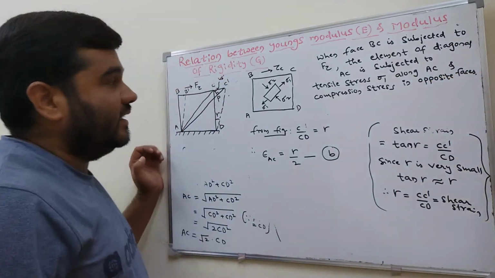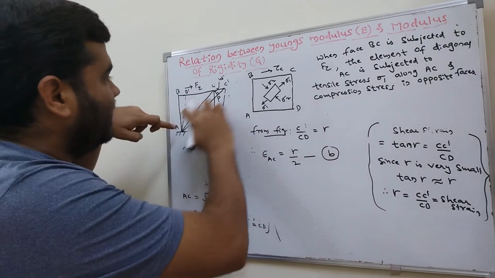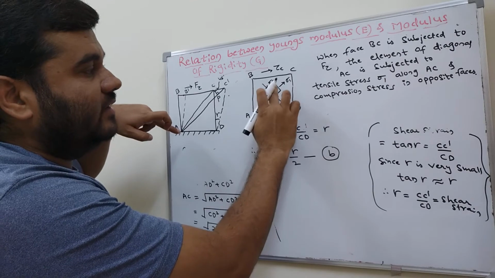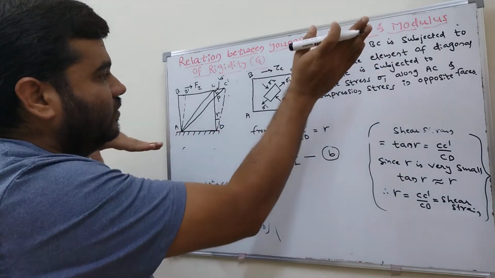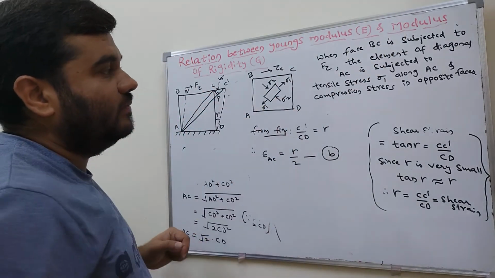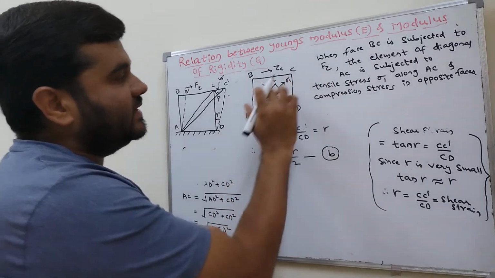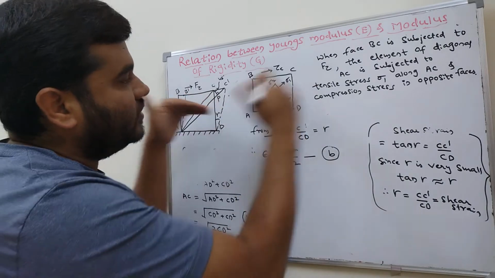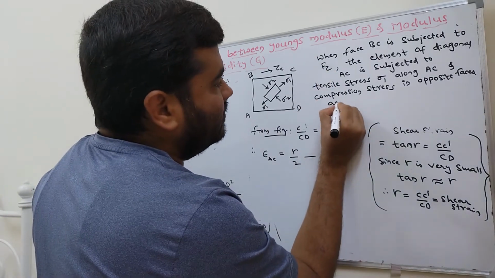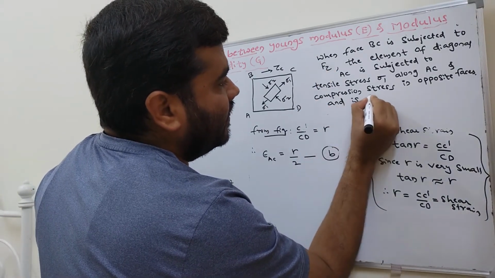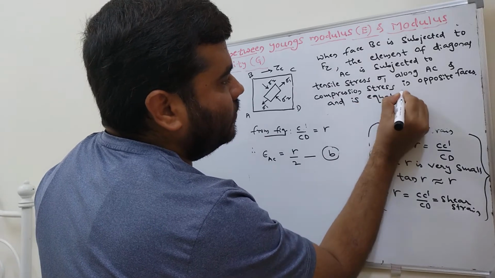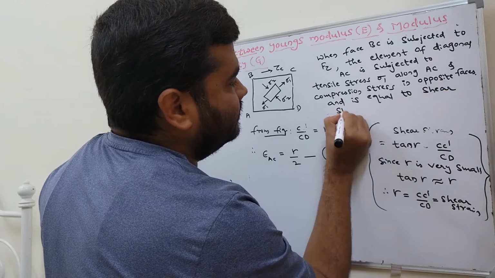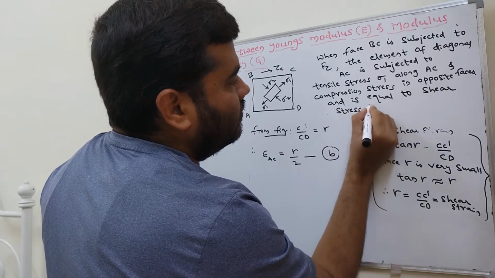Please concentrate here. The effect of F tau on diagonal AC I drew here as the element. In this way it undergoes tension, and in the opposite direction it will undergo compression. And these stresses will be equal to the shear stress tau, because here also it undergoes shear stresses.